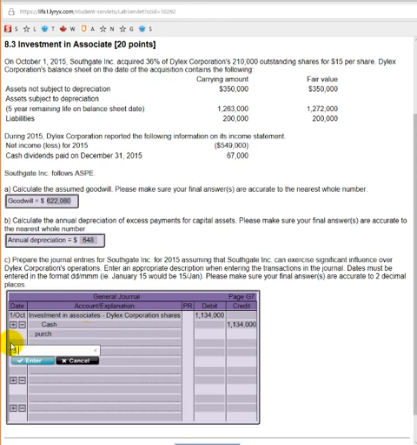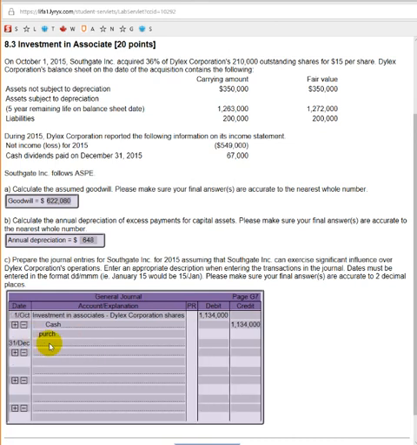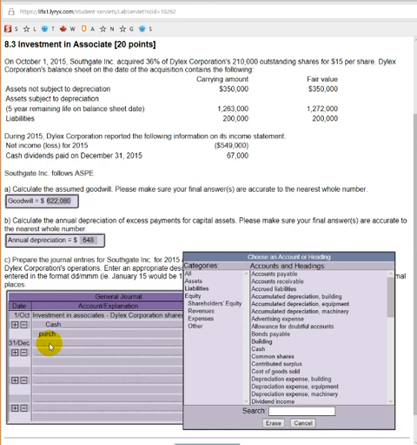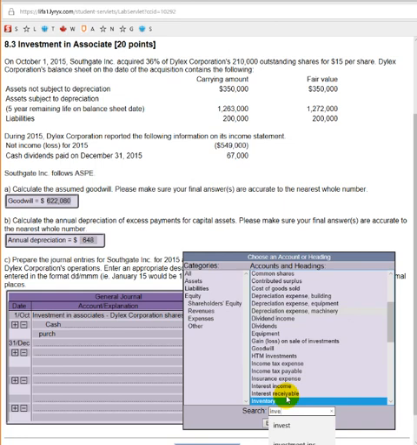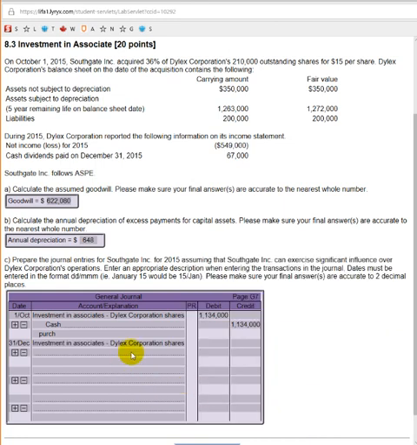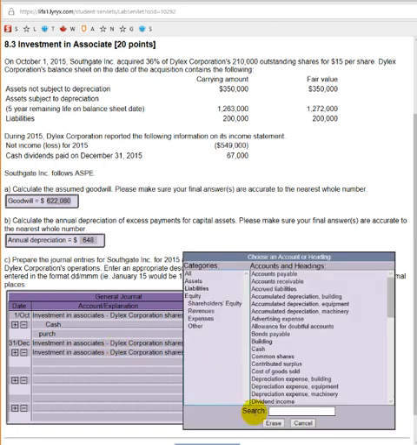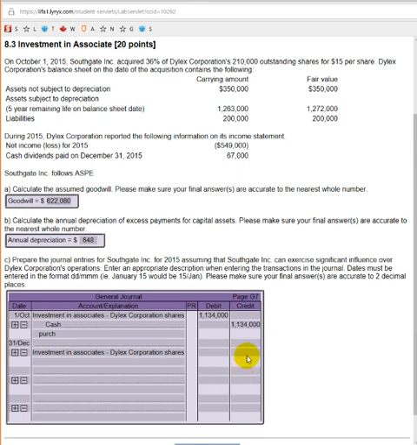Then a few things happened on the 31st of December. We got the financial statements from our associates, and they told us, hey, we went deeply in the hole. And so here's your share. And actually, I think we don't have that. It's going to go down in value, so of course we put it in the wrong place too. So let's erase that. Okay, so how much did it go in the hole? Well, sadly, we went in the hole 549,000, and we own 36% of that.